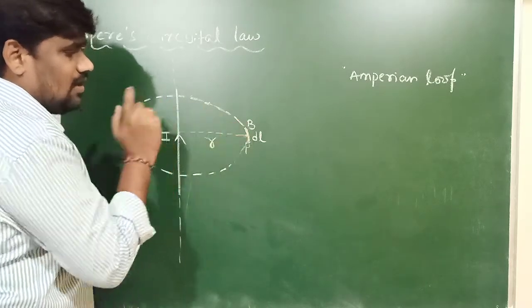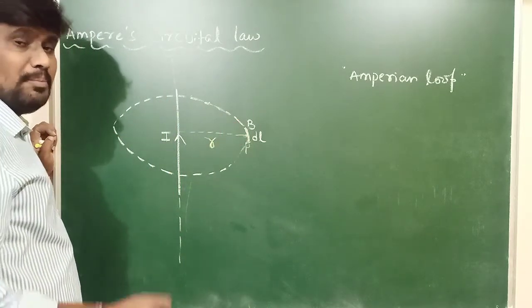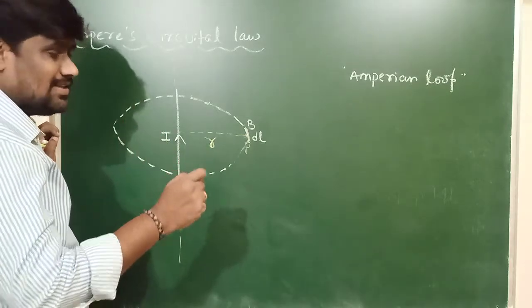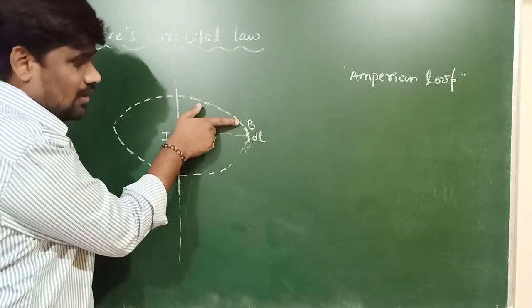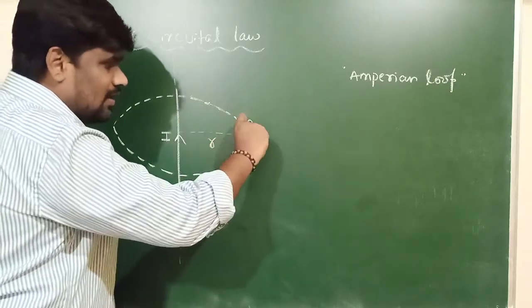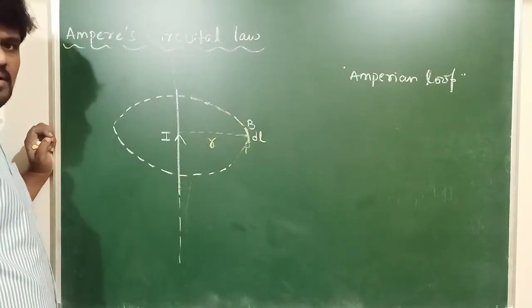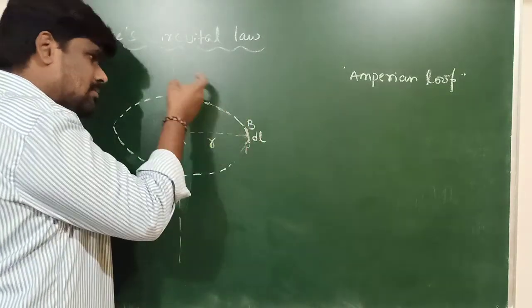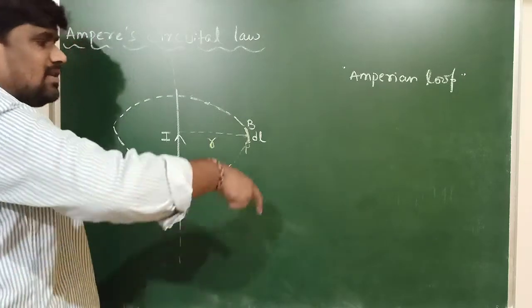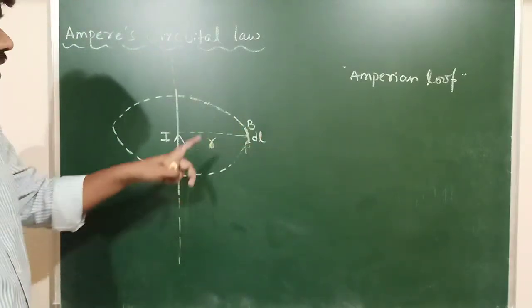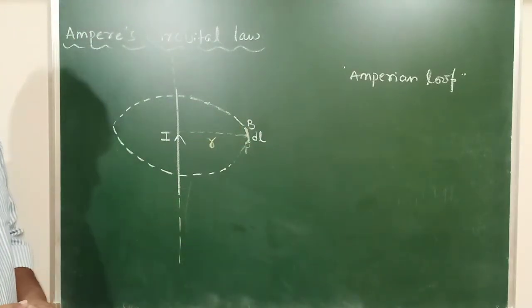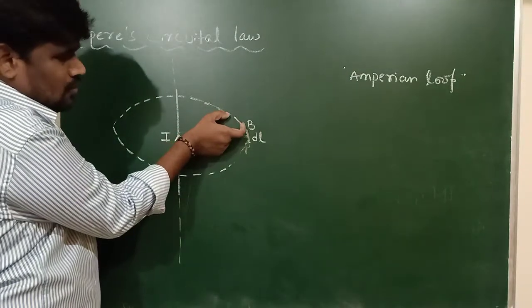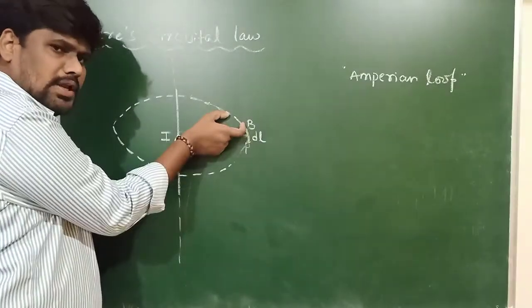Find B dot dl. That is the dot product of what? The magnetic field and dl. And take the sum of all such B dot dl. Consider one more dl and find the value of B dot dl.